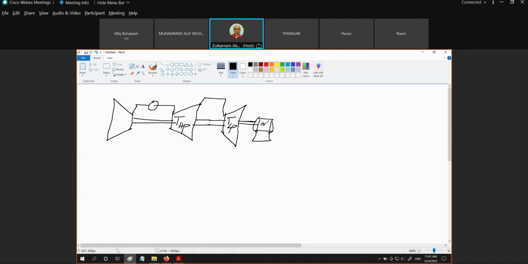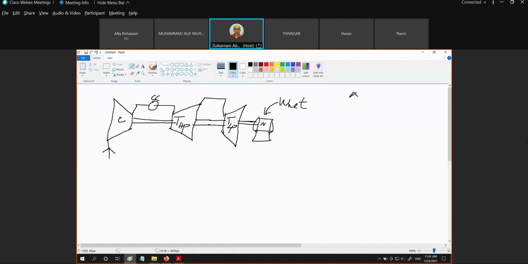This part we usually refer to as our W net. Then this is our compressor, the air inlet, exiting into the combustion chamber, then going into the high pressure turbine, and straight away into the low pressure turbine.